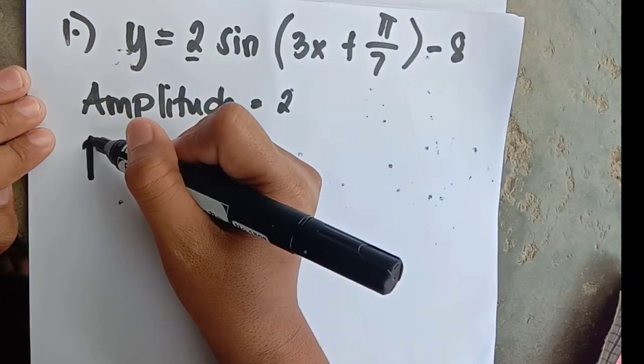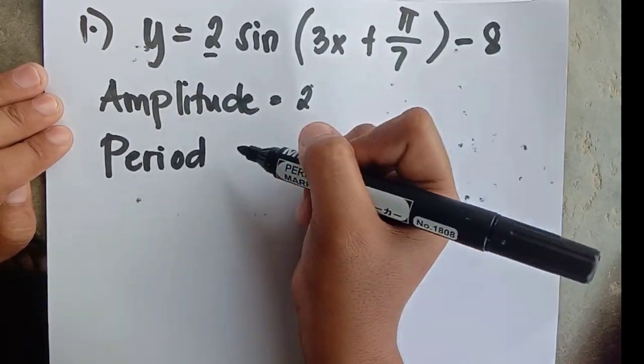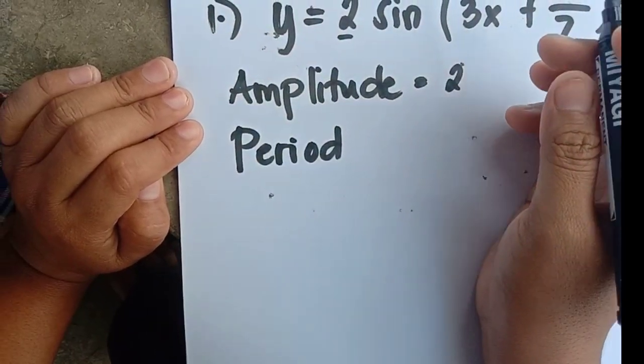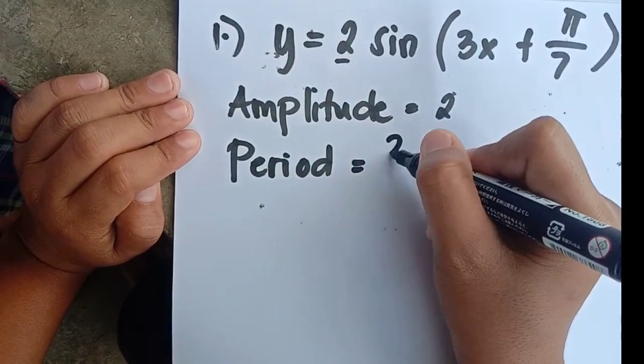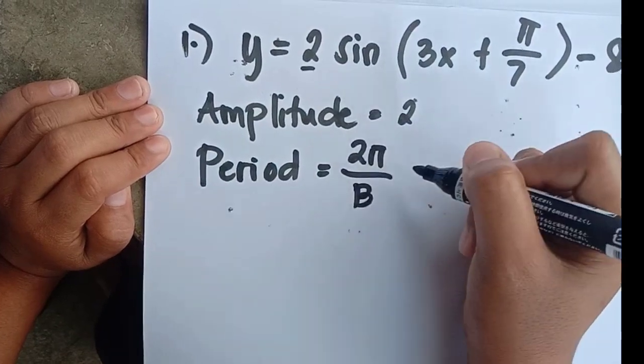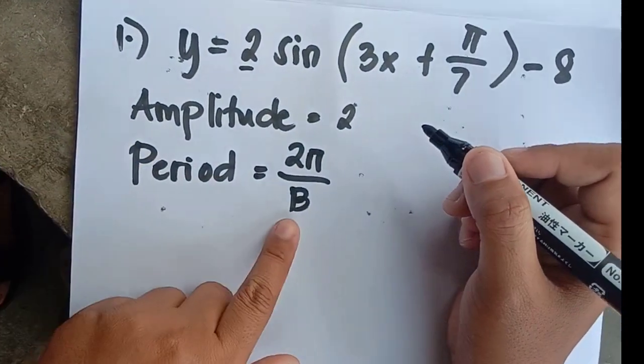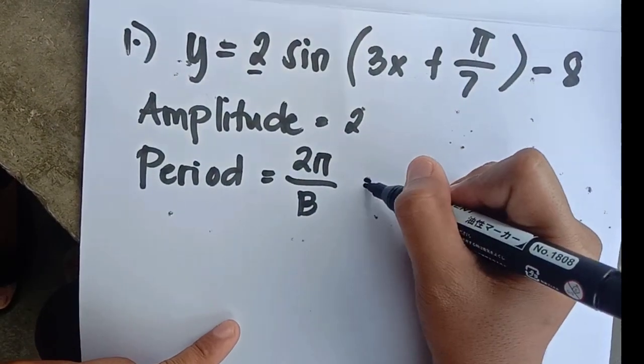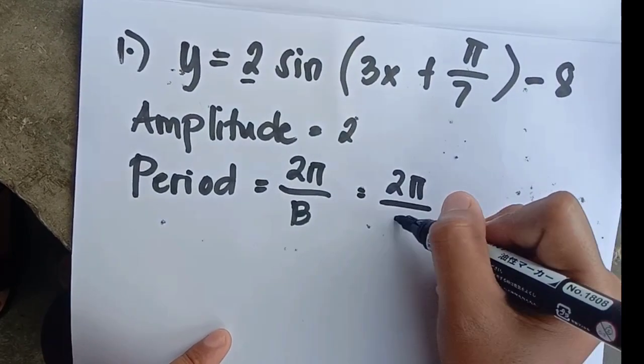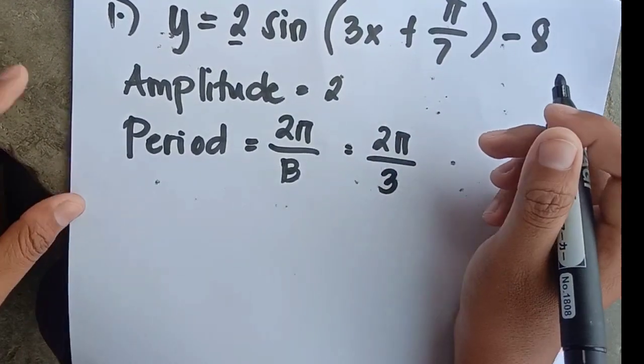And for the period, we have the formula 2 pi over b. The b is 3, so 2 pi over 3, and that is our period.